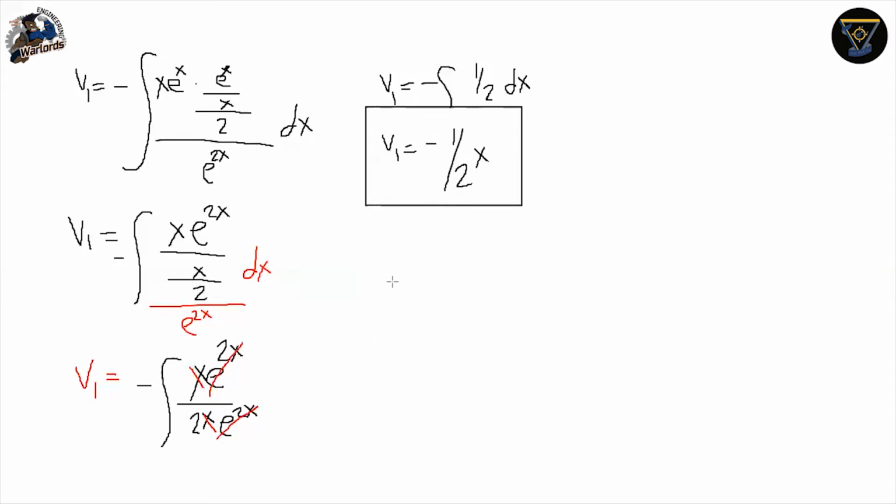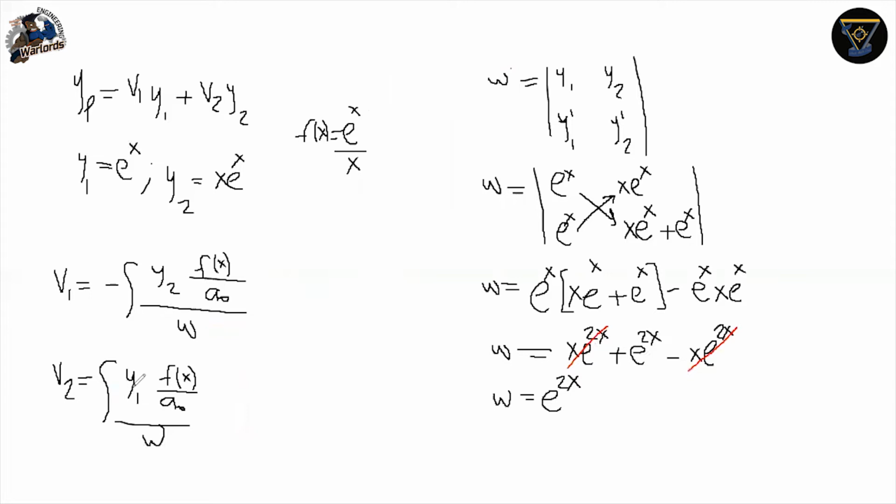Next thing we need to do now is find V2. So V2 now is equals to the integral. V2 uses y1. Y1 is e to the x.